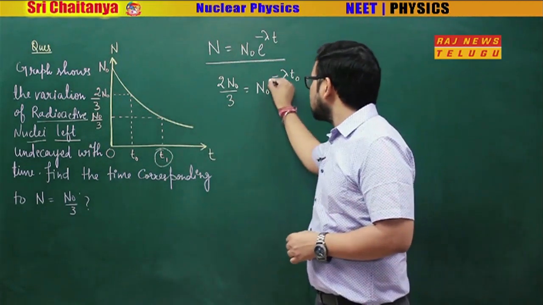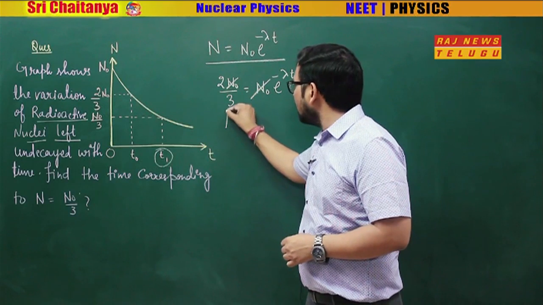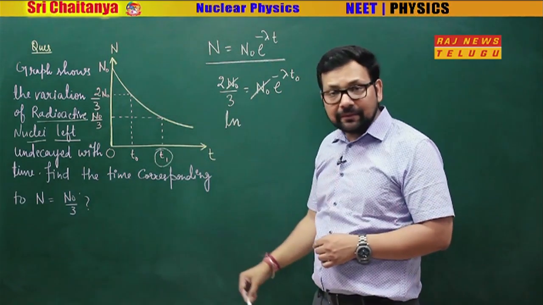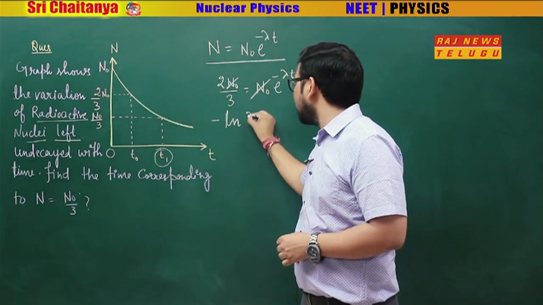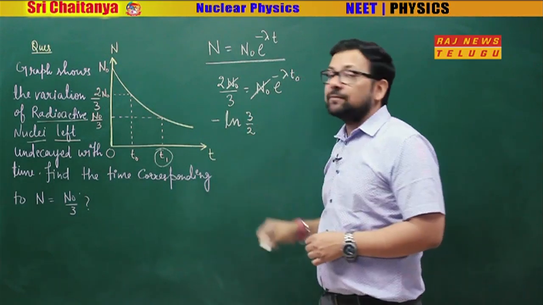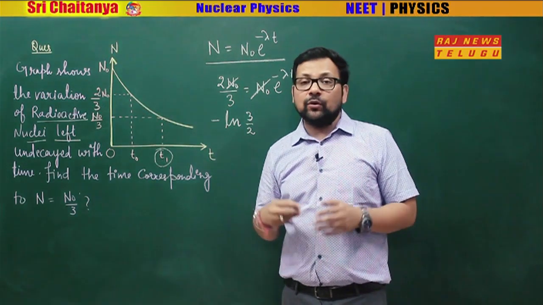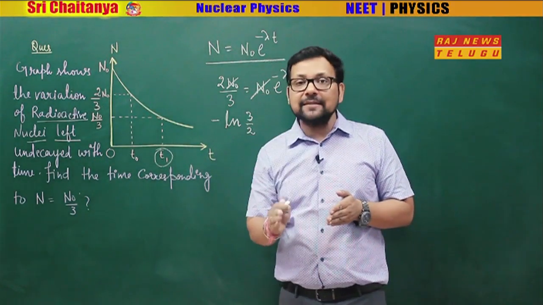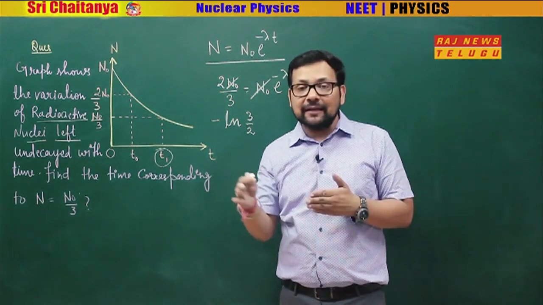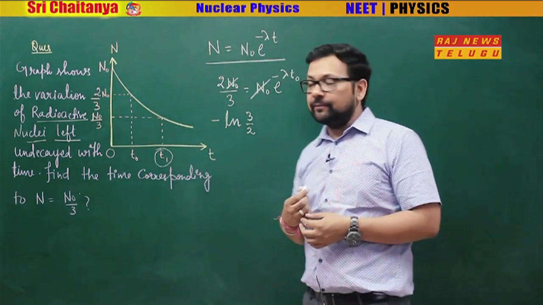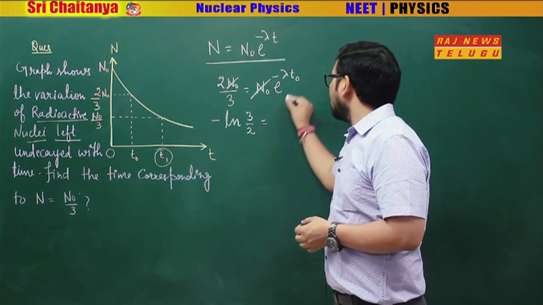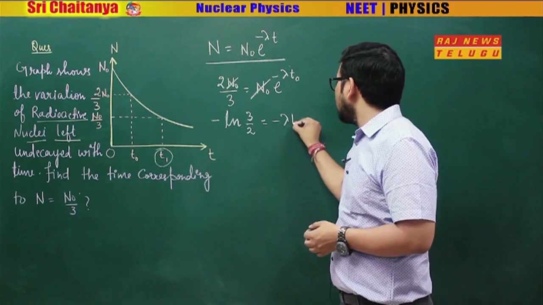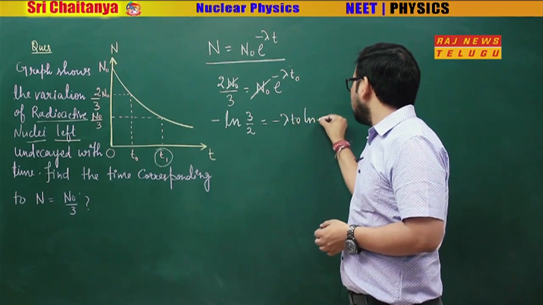The N naught is cancelled. Taking log on both sides, ln 2 by 3 can be written as minus ln 3 by 2. Again, a basic concept of logarithm came. If in log we are writing ln 1 by x, that becomes minus ln x, the fundamental of logarithm, is equal to, the power becomes the coefficient, that is minus lambda t naught ln e.